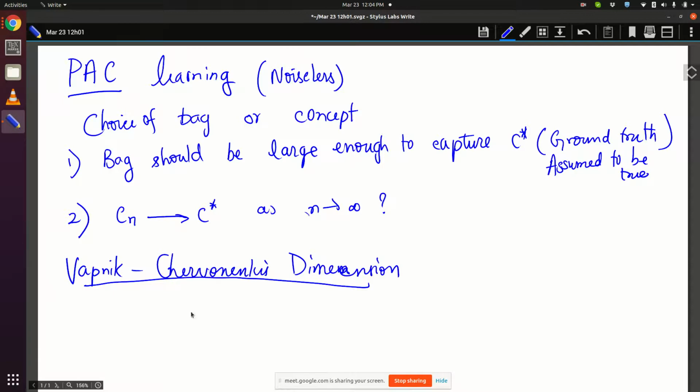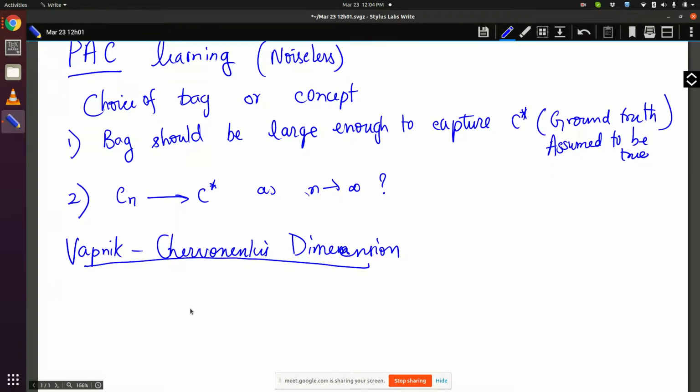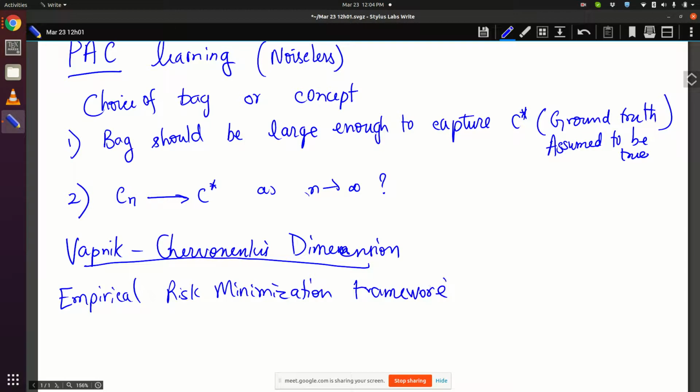Before that, we have to define another model. This model is called the empirical risk minimization framework. Here we will look at classification, a noisy classification problem.